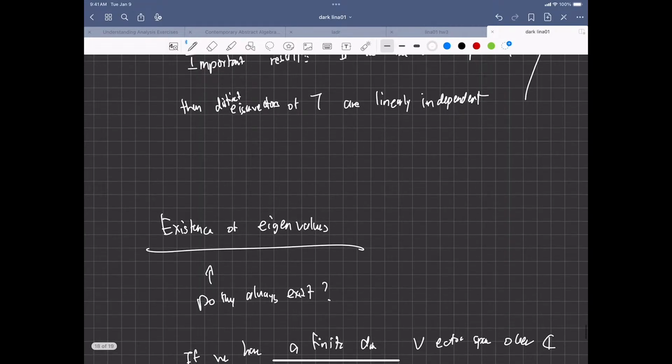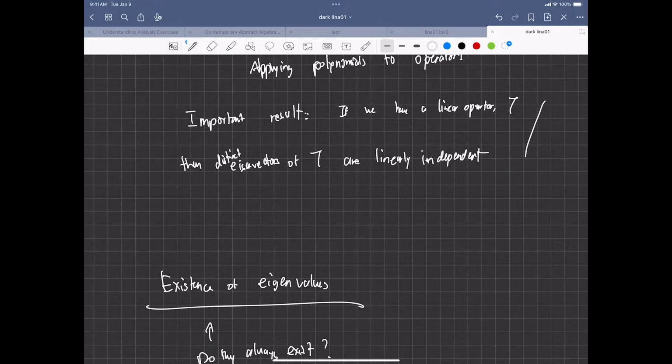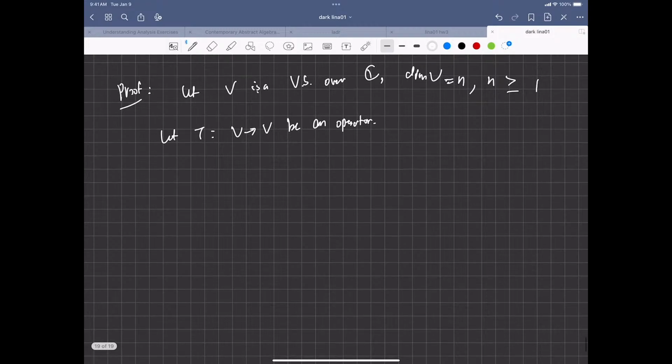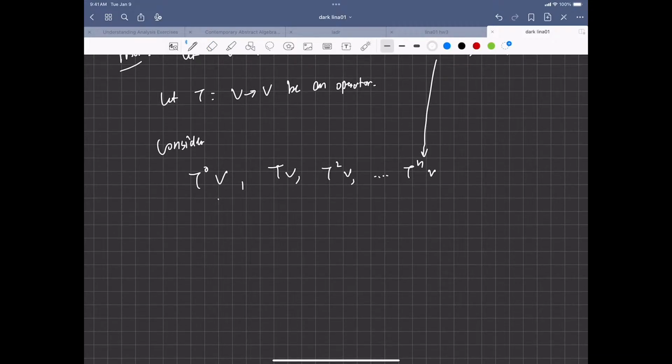So first of all, we're going to use the result from just now. What is the result just now? If we have a linear operator, then distinct eigenvectors of T are linearly independent, right? So consider the following list, where n here is the dimension of V. The length of this list is n plus 1, right?